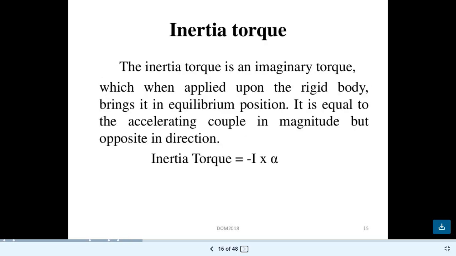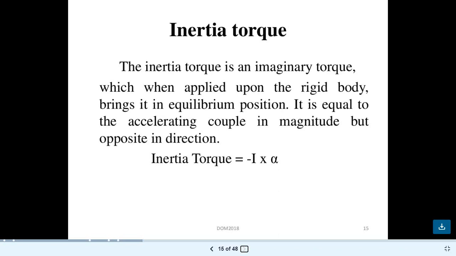The next is inertia torque. It is also an imaginary torque, which when applied upon the rigid body brings it into equilibrium condition. It is equal to the acceleration couple in magnitude but opposite in direction. Similarly, the body is at rest, and when a force acts eccentric to its axis, what will happen?